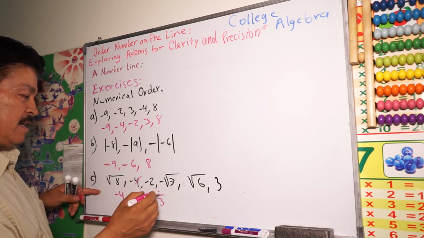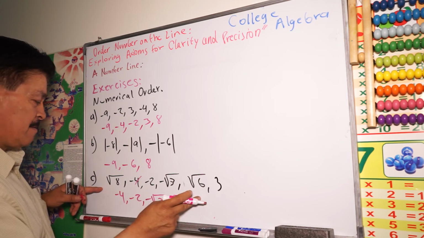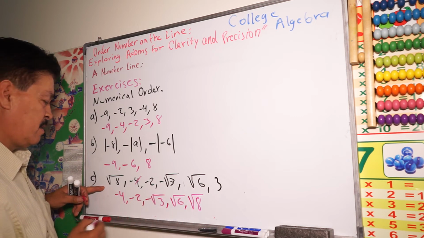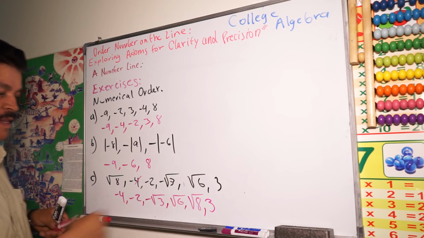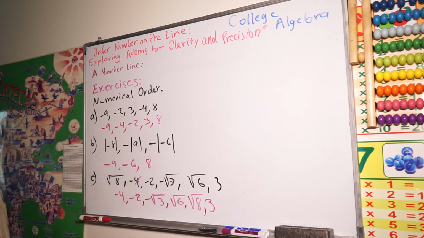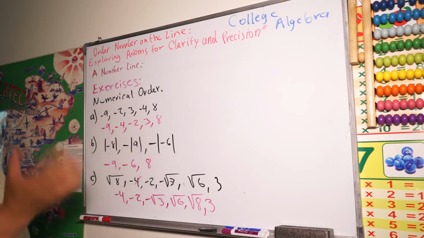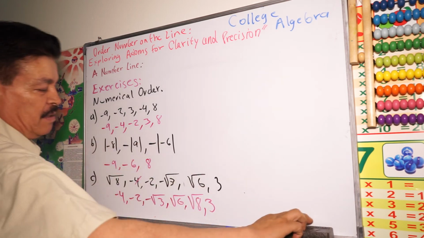Then square root of 6, right? And then square root of 8, right? And then 3. This is the greatest number, right? It's one way to order the numbers. So piece of cake for you guys, very simple, no?